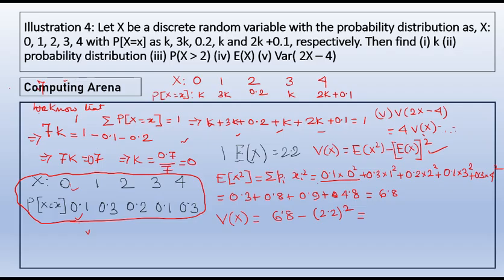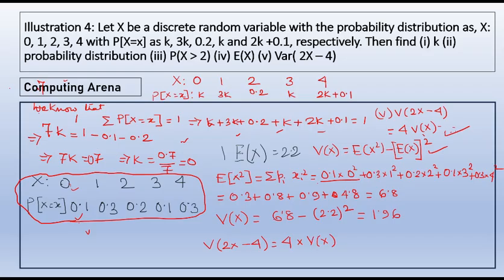So this is ultimately giving me 6.8 minus 4.84, and this is the value 1.96. So variance of x is 1.96. Now, to look at variance of 2x minus 4, already we know that this is 4 times variance of x from this expression.